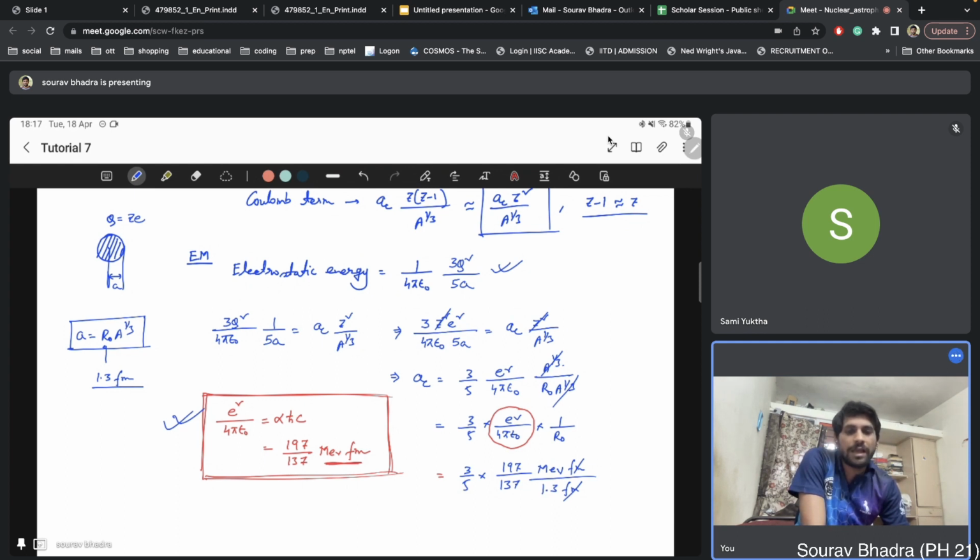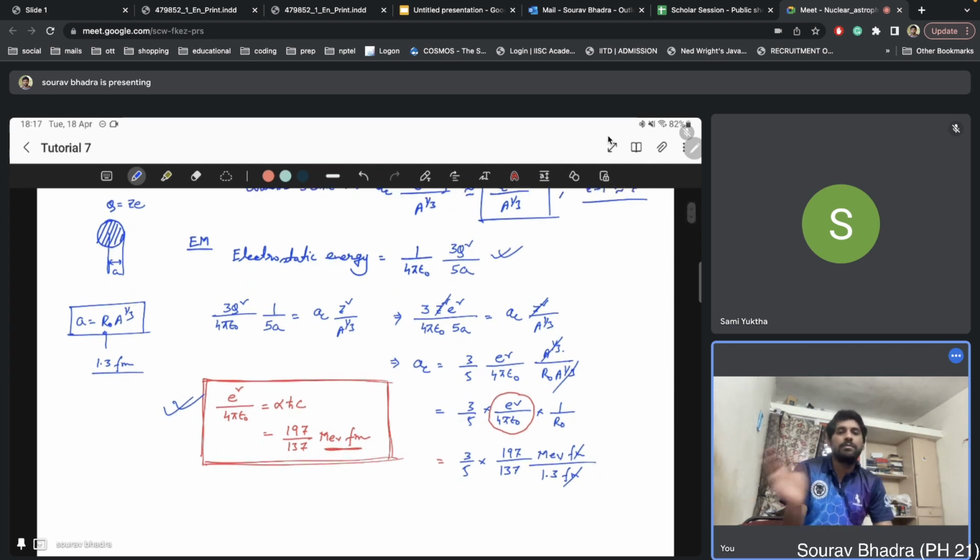when you calculate the AC or other constants, AV, AS, which were the constants of the volume term and surface term respectively, those constants are mainly given in MeV unit. So that is the main reason that we are going to a unit system which gives me the value of e square by 4 pi epsilon 0 in MeV, okay.